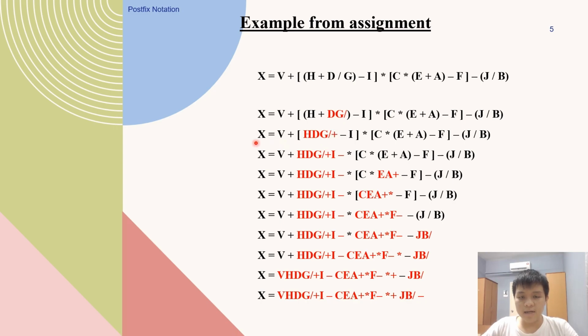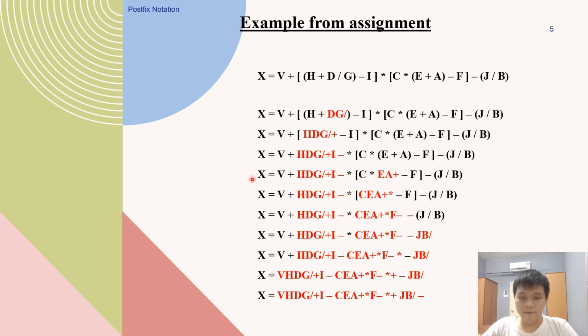After this, on the left, we should do the same thing, copy from above. And the next step, we have done this, so we should do this. Operand and operand, so move the operator to the back. It will become hash D G divide add I subtract, and the rest just copy.